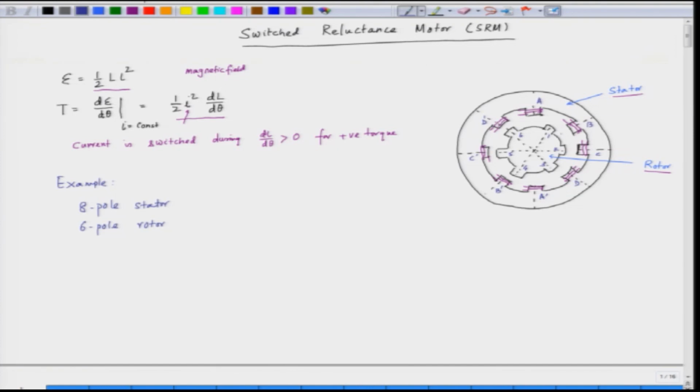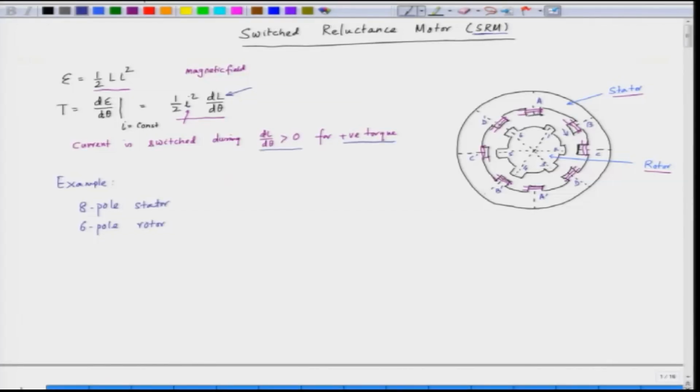So, when the rotor rotates, there is inductance variation, so we have dL by d theta, where theta is the rotor angle. As the rotor rotates, we have the inductance variation of each phase, and that is why we have a torque production here. What we have to do in this case is switch the current for dL by d theta greater than 0 to have positive torque. This is the principle of switched reluctance motor. Since the current is switched, we call this a switched reluctance motor.